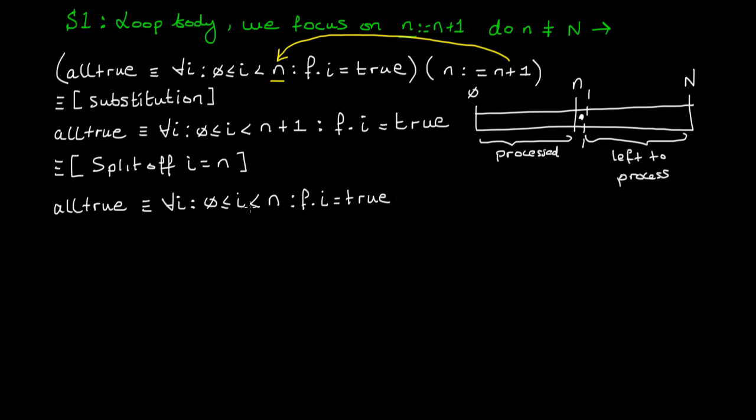Now everything up to n here, where I is greater than or equal to 0 and less than n, all of that range, this part of the array here, is what we've previously processed.